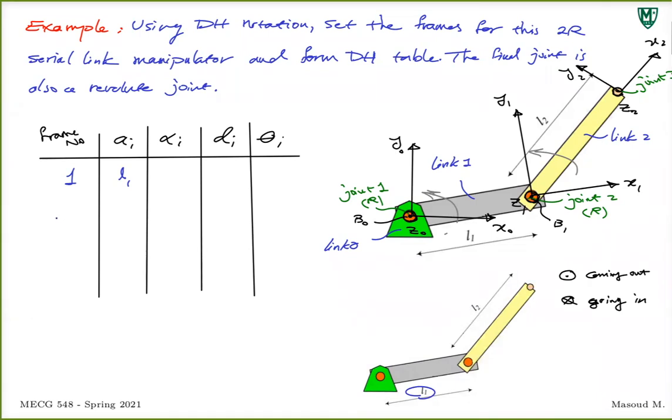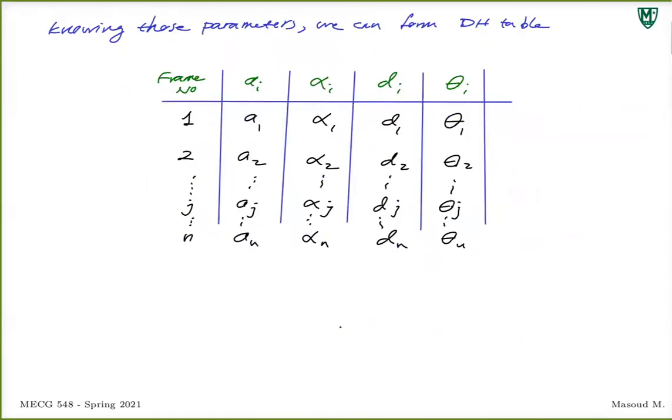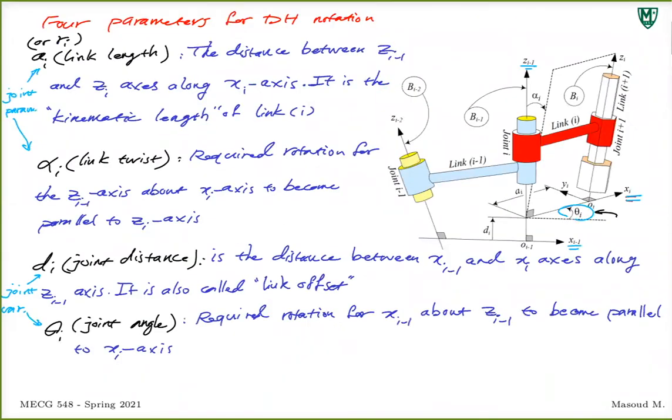Alpha 1. Let's see what alpha was. Alpha is the required rotation of z_{i-1} about the x_i axis to become parallel to the z_i axis. To rephrase it, alpha is the angle that you have to rotate z_{i-1} about x_i to make it parallel to z_i.